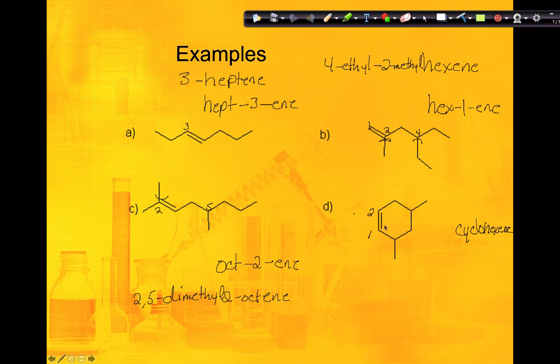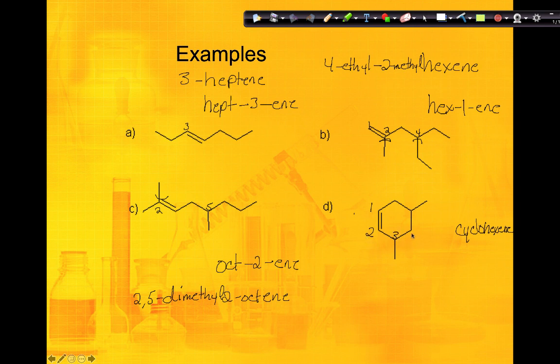All right, so now let's number it this way first. 1, 2, 3, 4, 5, 6. So that gives me 4 and 6 for my substituents. Now let's do it in the other direction though. So we still start with the double bond. 1, 2, I'm just going in the other direction now.